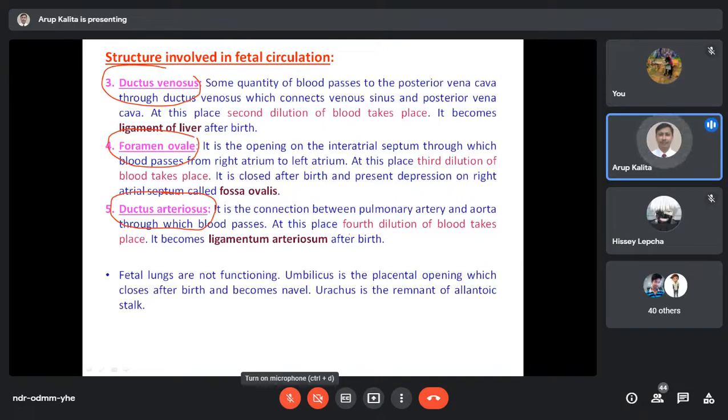Now, after the birth of the fetus, what happens to these 5 structures? That we have to know. That means when the fetus takes birth, what will these 5 structures form, because they are not present in the adult.